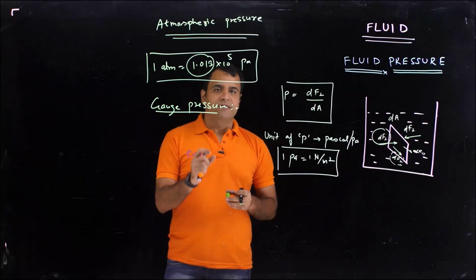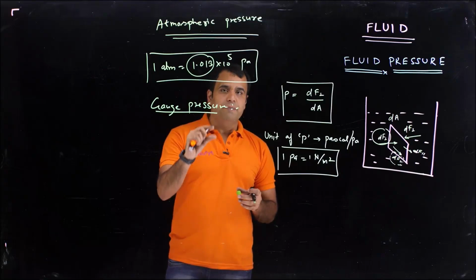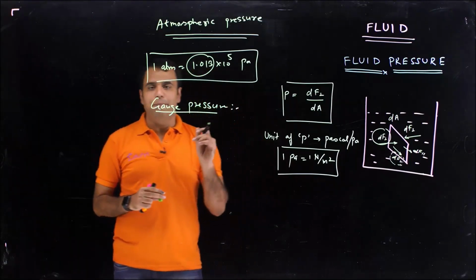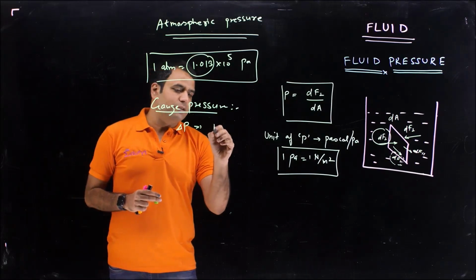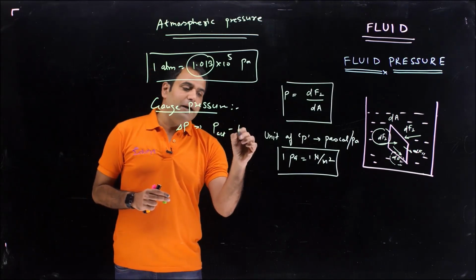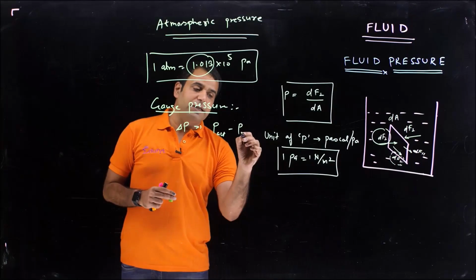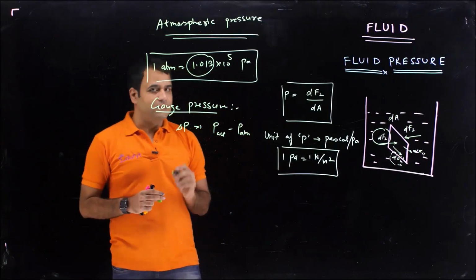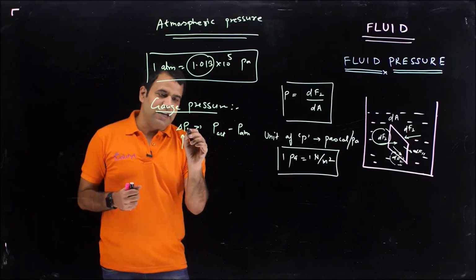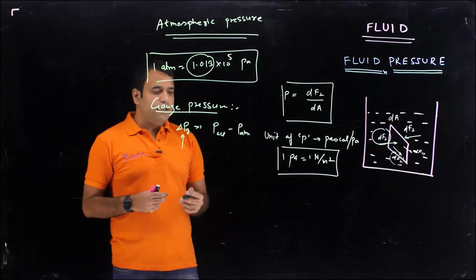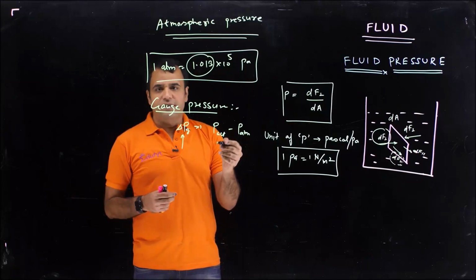Whenever you measure the pressure of any liquid or any point with this instrument, it gives us the difference in pressure with respect to the atmosphere in the majority of cases. So the gauge pressure comes out to be the actual pressure minus the atmospheric pressure. We calculate this gauge pressure using the instrument, and we want to calculate the actual pressure.